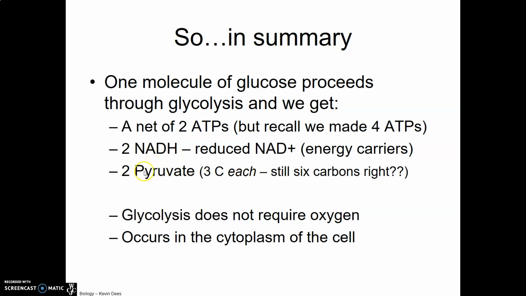Now, remember that each molecule of pyruvate is a 3-carbon molecule, so we have 2 3-carbon molecules to keep up with our 6 carbons. Now, you didn't see in any portion of glycolysis the requirement for oxygen. So glycolysis does not require oxygen. And remember that it also occurs in the cytoplasm of the cell.